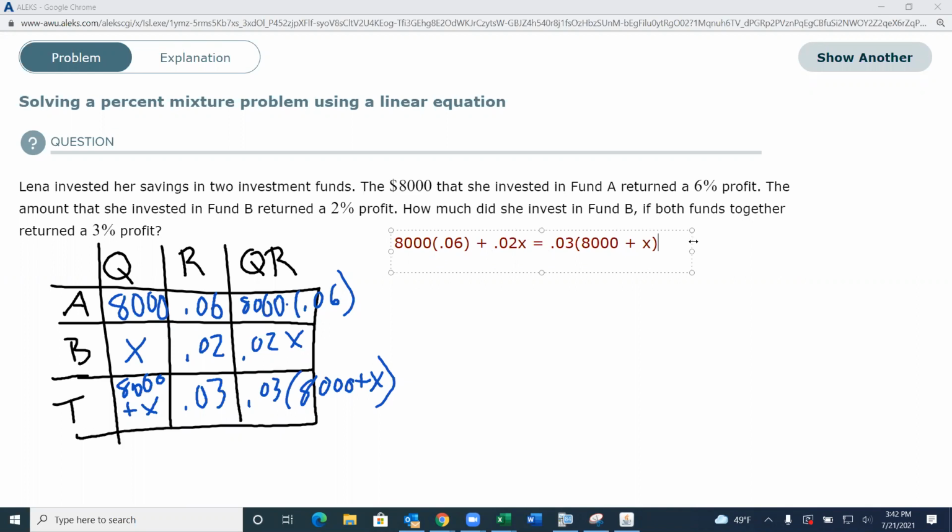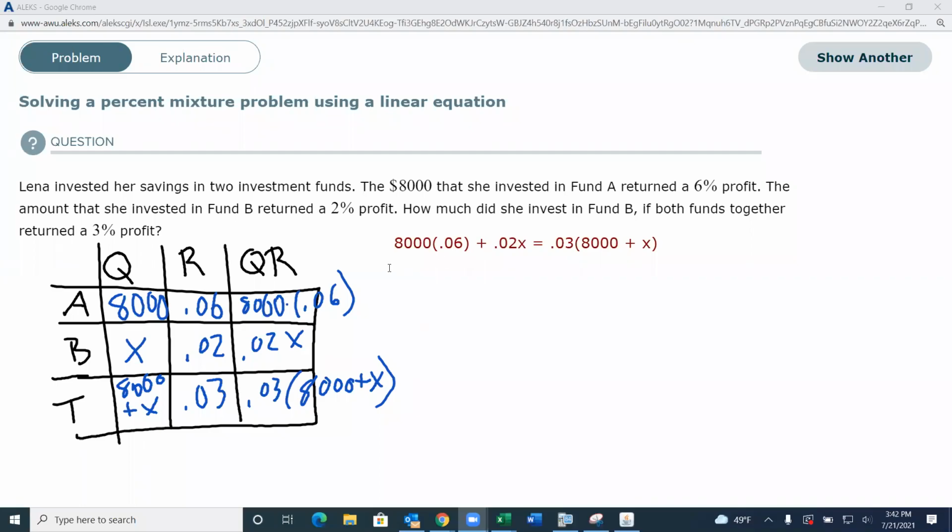Okay, and we get that 8,000 times 0.06 is going to be 480, and 3% of 8,000, 0.03 times 8,000, is 240.